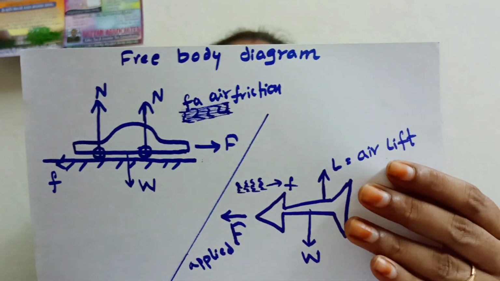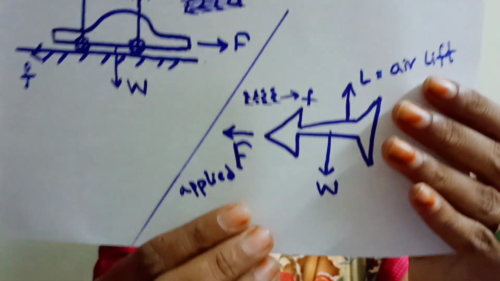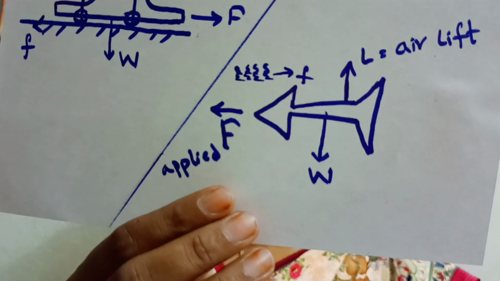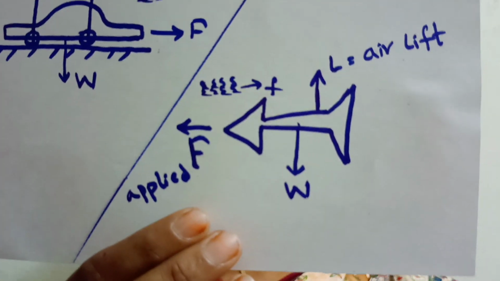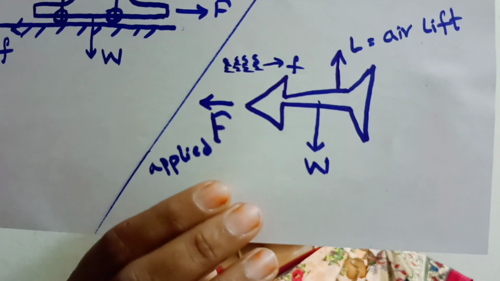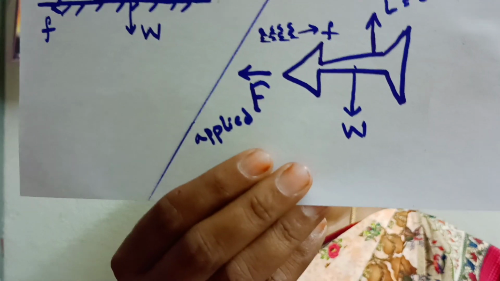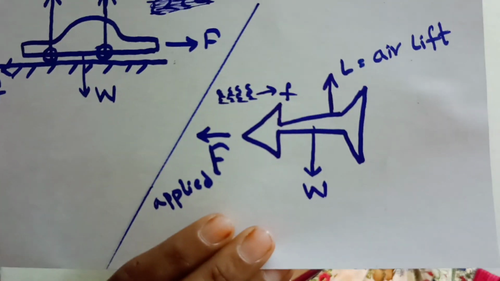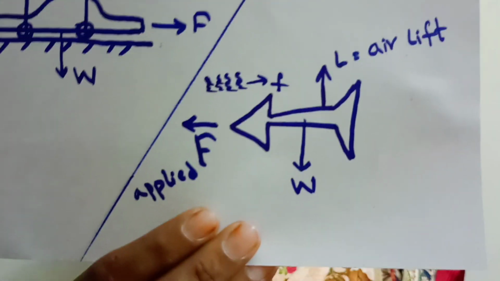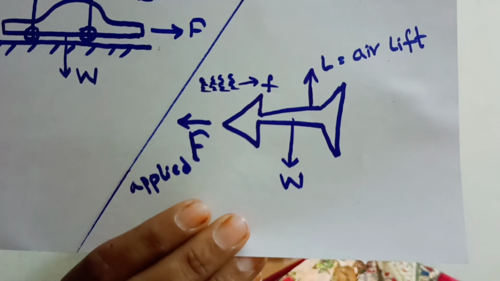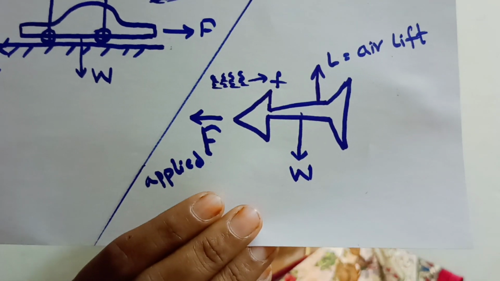We take another example. Here you see this is a rocket. It is flying in air.